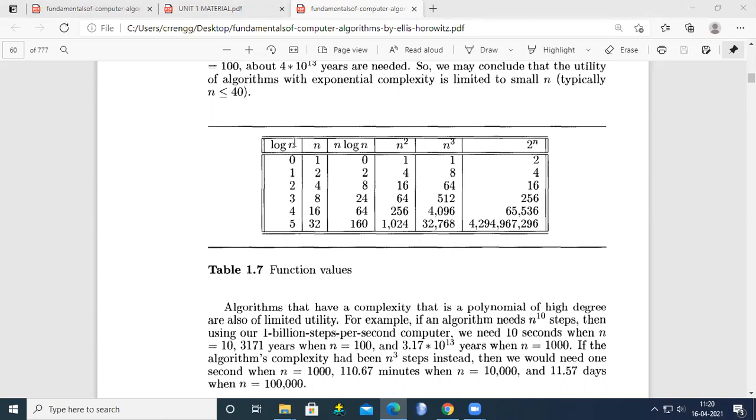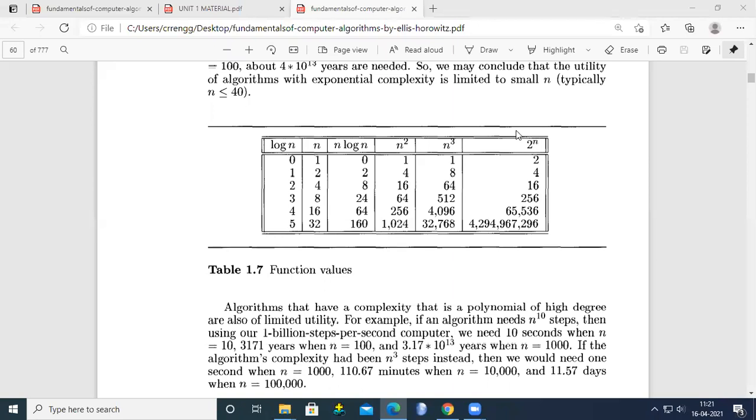Now see, when n equals 32, now we are taking log n as 5. N log n is 160. N square is 1024. N cube is 32 cube, that is 32,768.